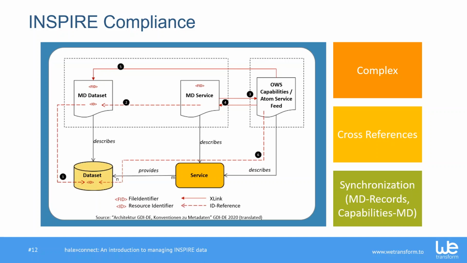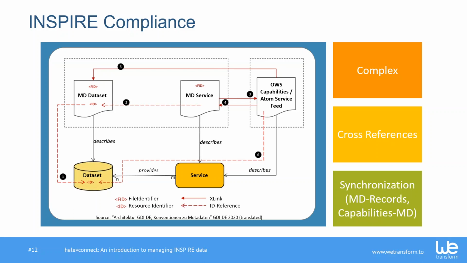The dashed lines represent the resource identifiers that are cross-referenced, and the red line represents the file identifiers that are used. So all of these resources have to be created. They all have to cross-reference each other, and they all have to be synchronized and kept up to date when something changes. So this can be a very complex process, and this is what is required by INSPIRE.